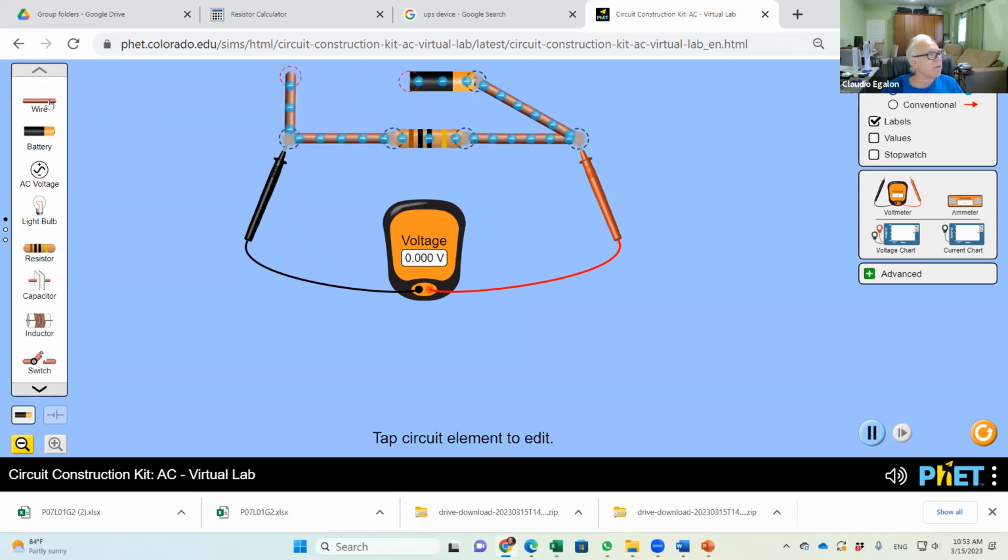I want to make this circuit look better. Okay, 9 volts. And here is how you should visualize the current flowing through the circuit.